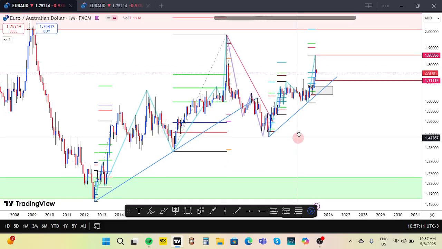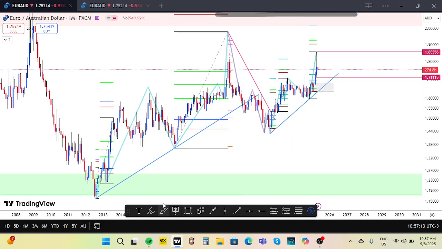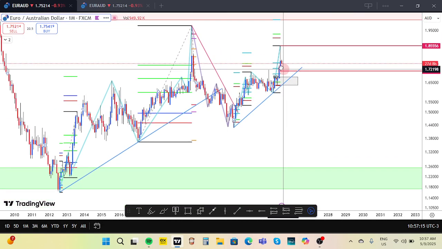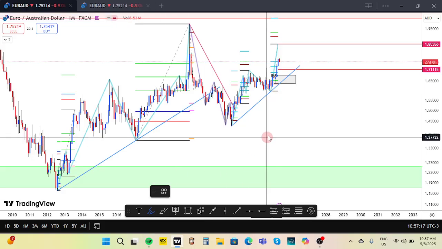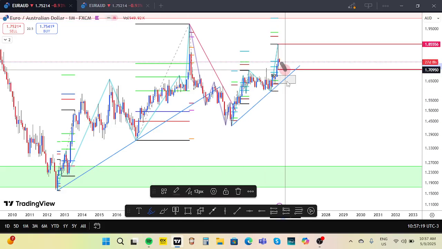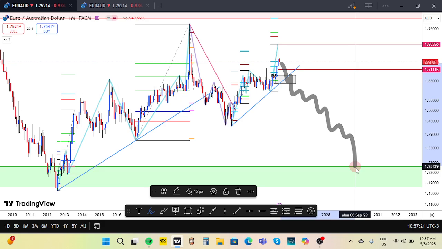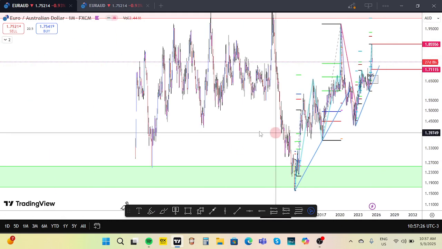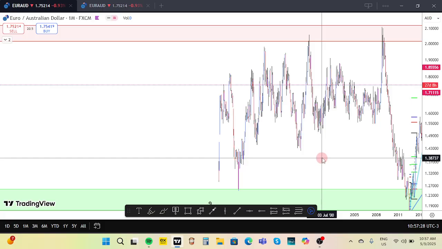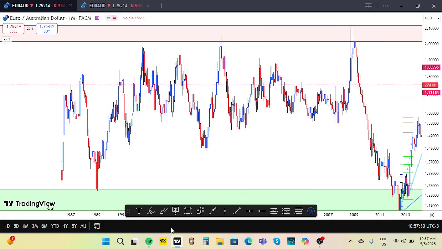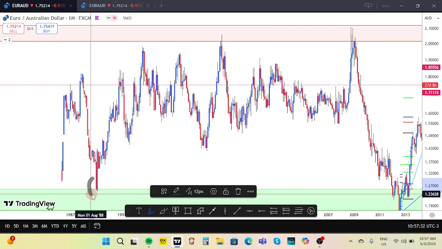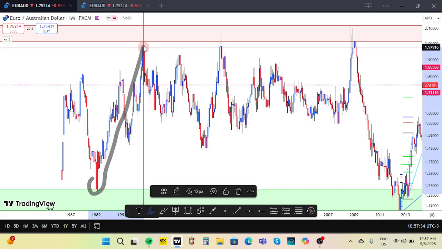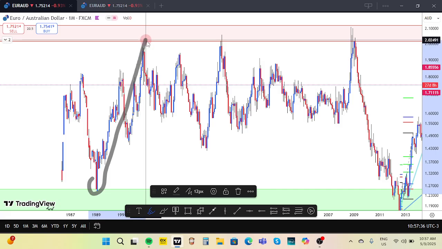It doesn't mean that sometimes the market cannot fall, for whatsoever reason that you and I might not know. The market can fall back down here before it goes back up again, like we can see back in time. Right here, when the market was going from support, we expect it to go right here before going down.